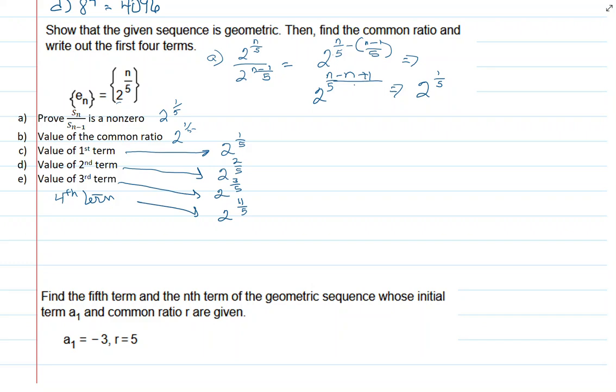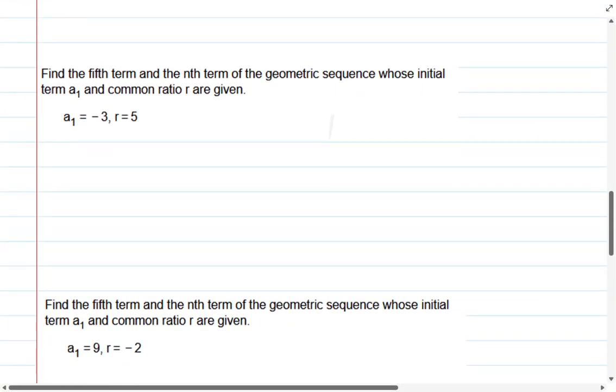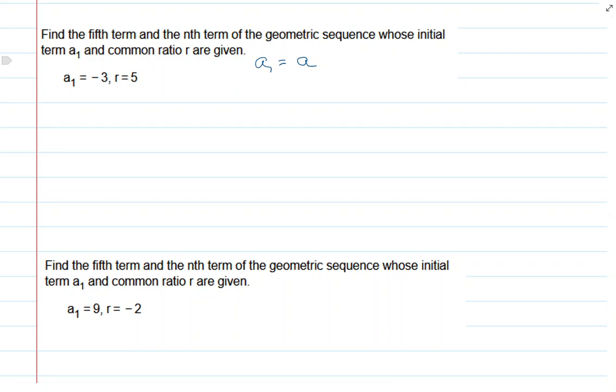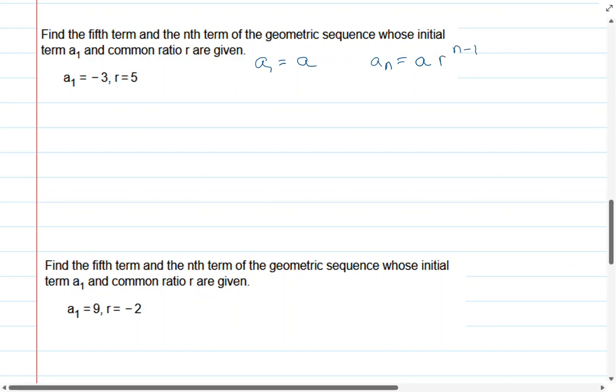Well, now they're asking us to put it together. And we have the first term, which we know that A1 is A in the rule. And our rule is A sub N equals A times R to the N minus 1. That's the structure of the geometric sequence that we wrote up above.